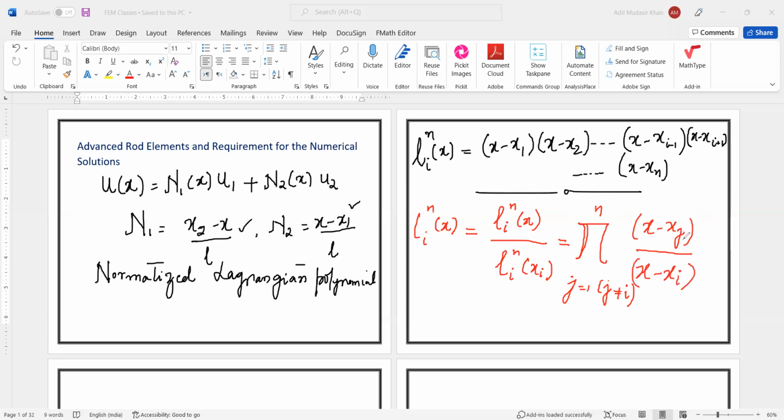Okay, this is the method of writing this normalized Lagrangian polynomial, and this is well known by the students who deal with the numerical techniques.